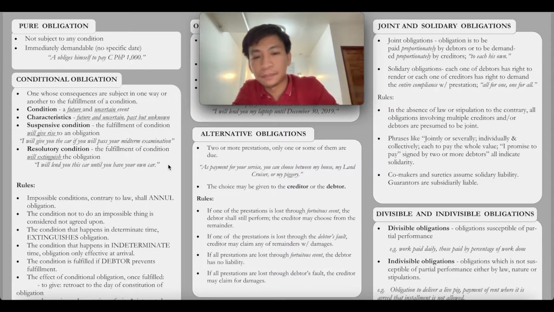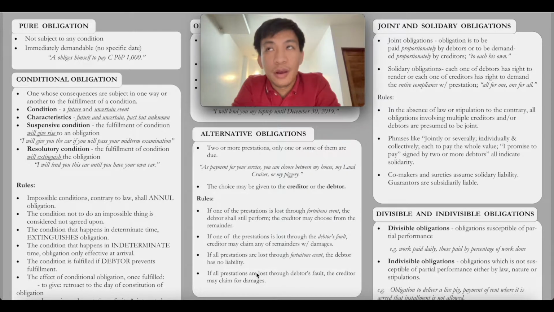Now, the condition is fulfilled if debtor prevents fulfillment. Magkakaroon daw ng ma-fulfill daw yung condition, and ibig sabihin nun mag-a-arise na rin yung obligation kung yung debtor prevents the fulfillment. For example, yung example natin kanina na bibigyan kita ng 1 million kung magkakajowa ka.